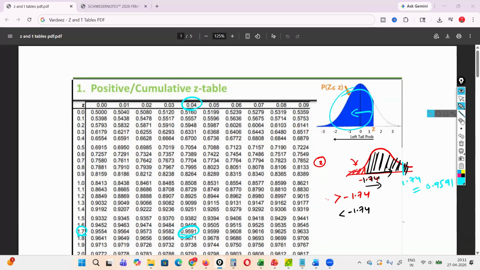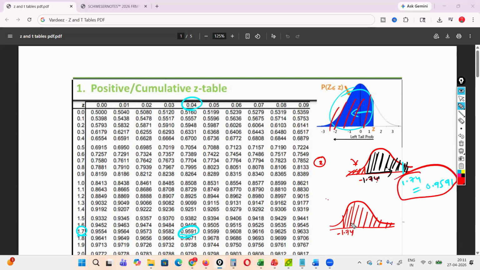Well, it's very simple. Essentially, you can do it like this. I'll just delete this here. Essentially, what we are looking for is this. So if you want to find negative 1.74, this larger area is exactly what you got from the positive value, and this is going to be 0.9591.